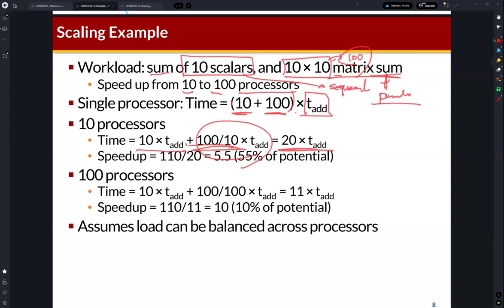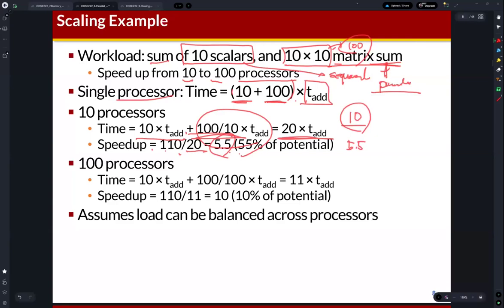So 110 divided by 20 is 5.5. Because we have 10 processors, our expectation is that the speed up is 10, but the speed up is just 5.5. So it means 55% of potential, right?